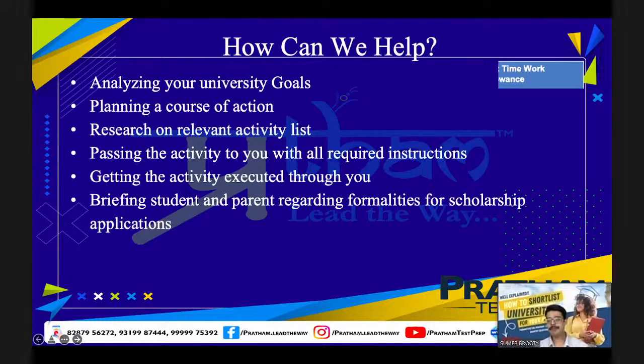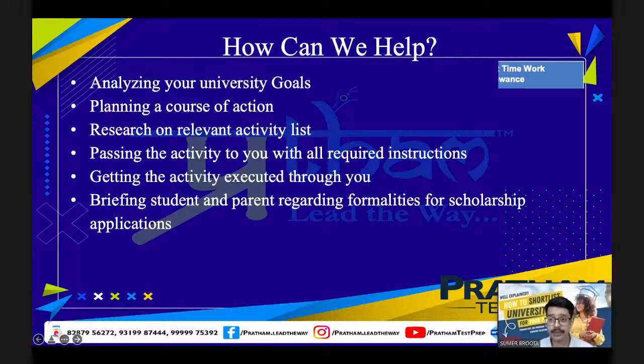So from here at Pratham, we can help you with a wide range of things. From the international part, we can analyze your university goals. We can plan an entire course of action in terms of planning your extracurricular activities, your university research, and other aspects like your visa guidance. We also research a relevant activity list. We have an exhaustive team which would help you find suitable extracurriculars.